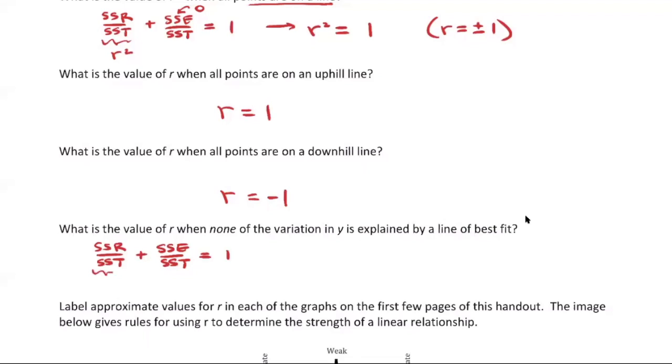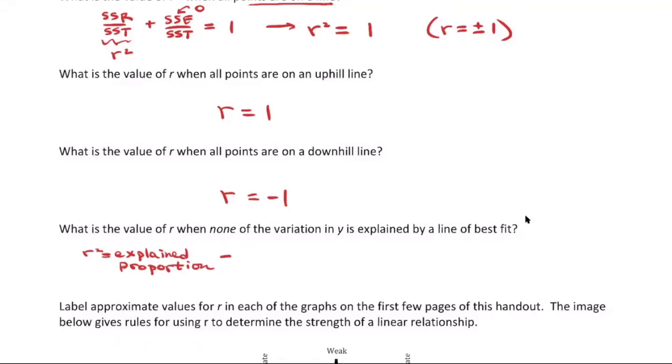This part is r squared, which is the explained proportion. Actually, I don't need this whole statement. Let's just write it this way. R squared is the explained proportion.